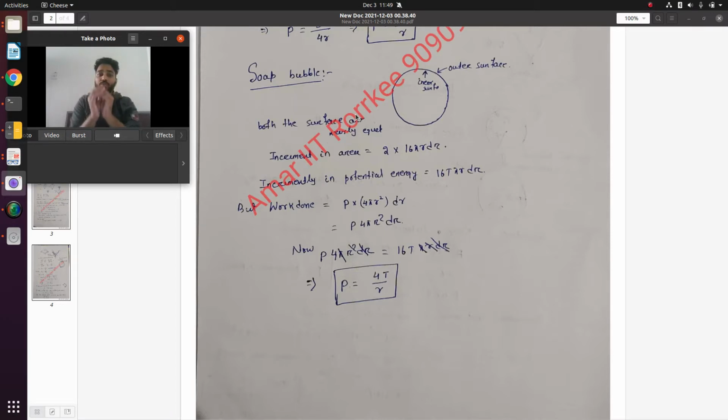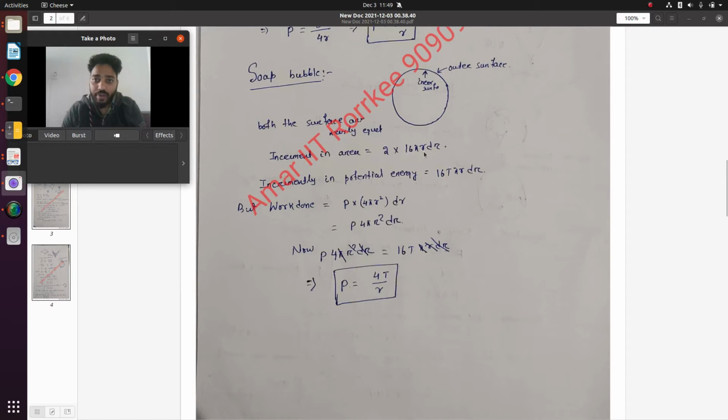But in the case of a soap bubble, you can see this is a very thin film. So what we can do, we can consider that the inner surface area and the outer surface area are the same. So the increment in surface area is equal to twice the increment of surface area for a single surface. This is actually a mistake.